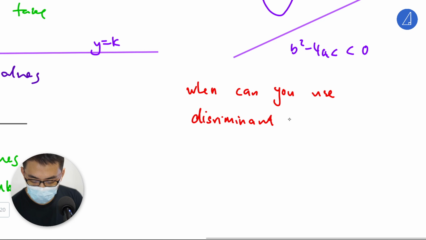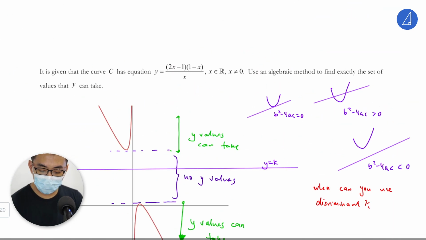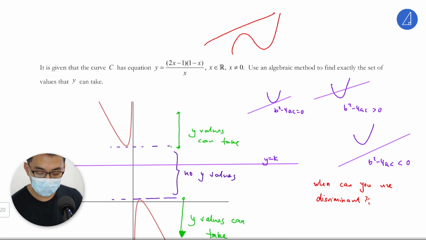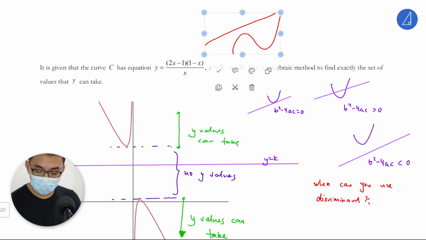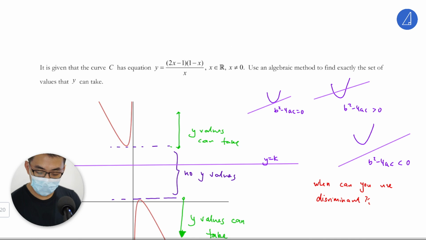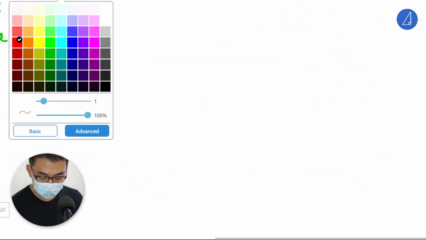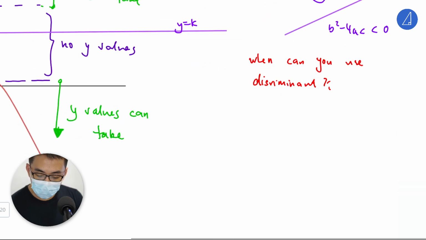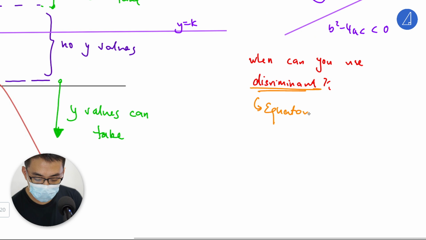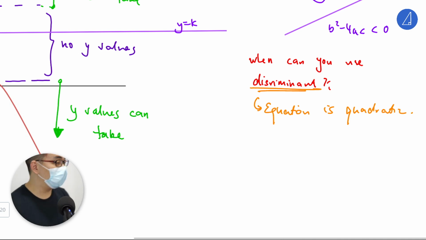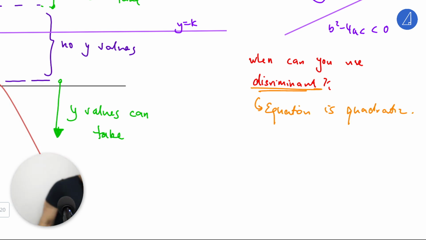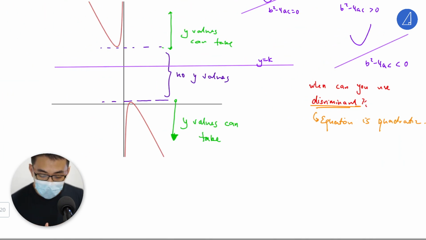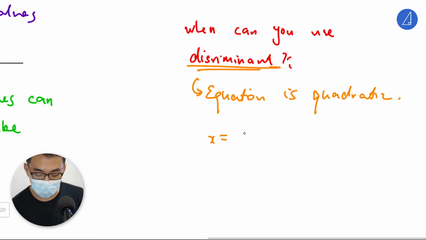You can only use discriminant when the equation that you're solving is quadratic. This is important, because discriminant comes from the quadratic formula.